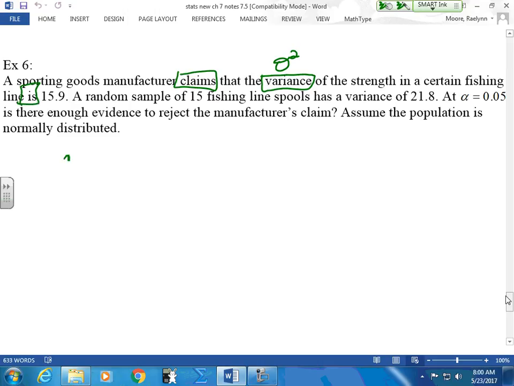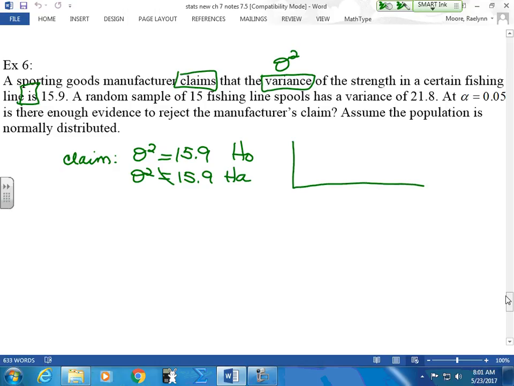So my claim, using the right parameter, is sigma squared is 15.9. Is this an H0 or an HA? H0, because it has an equal sign. My not equal to is my HA. There's where my tails come in.